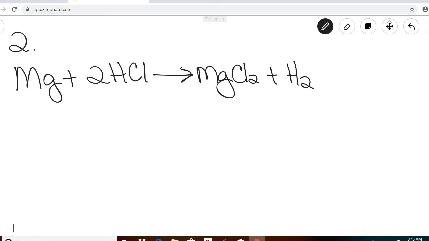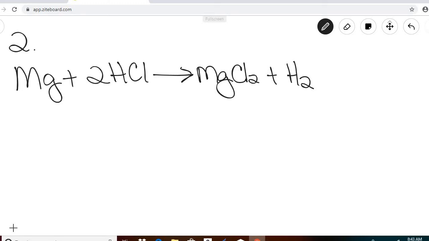Okay, so just as an aside, you may recognize this as a single displacement reaction. So basically the magnesium and the hydrogen switch places. So the magnesium was by itself, and now the hydrogens are by themselves, and the hydrogen was bound to the chloride, and now the magnesium is bound to the chloride.